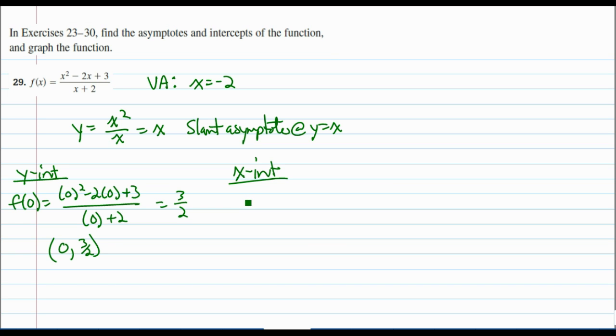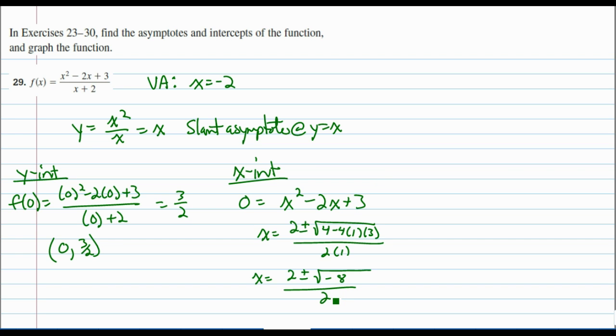Now for the x-intercept, I need to find what x values make the y value 0, meaning I need to find what makes the numerator 0. Now this does not factor well, and if you use the quadratic formula, you will find that only imaginary numbers will make the numerator equal 0, so I do not have any x-intercepts.